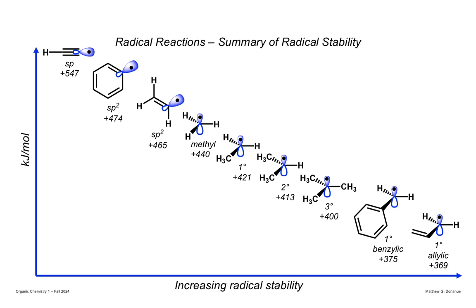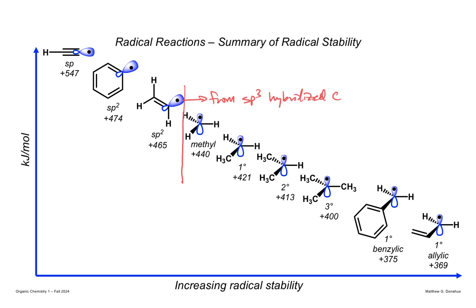So what we're really concerned about, if I can draw a line like right here, everything to the right of that line comes from a carbon atom that was originally sp3 hybridized.